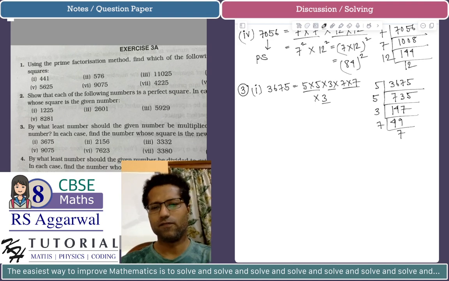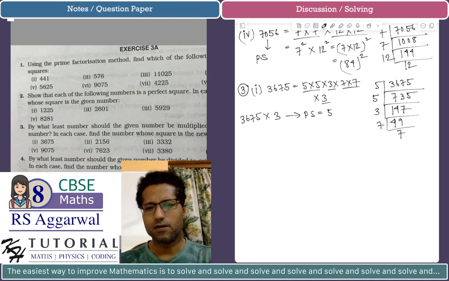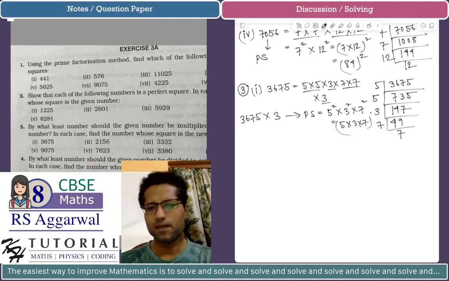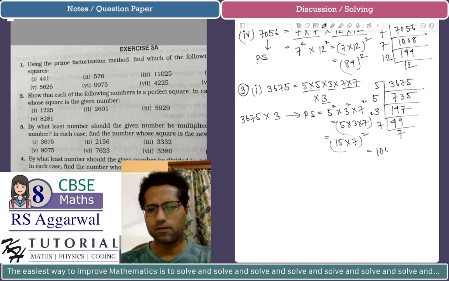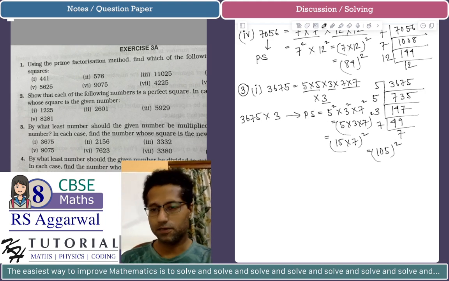In this case we have to multiply 3675 by 3, which will give a perfect square, equal to 5 square multiplied by 3 square multiplied by 7 square. This is equal to 5 into 3 into 7 whole square, which is 15 into 7 whole square, and this is equal to 105 whole square.